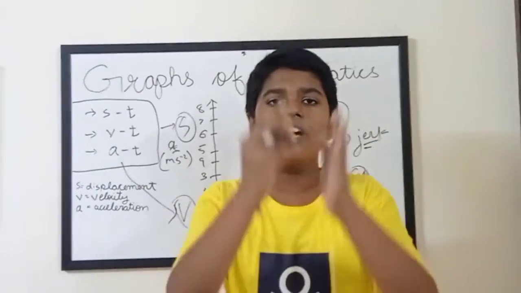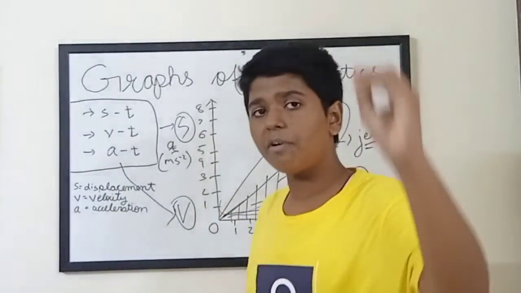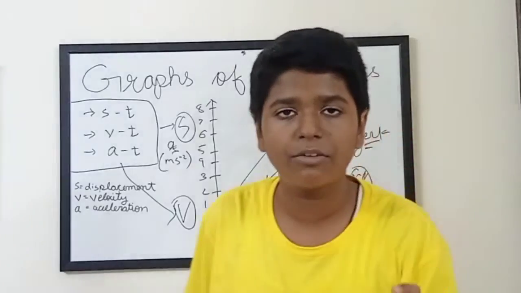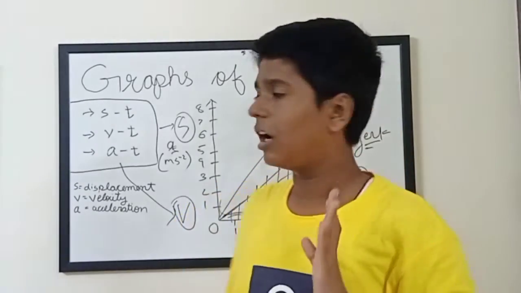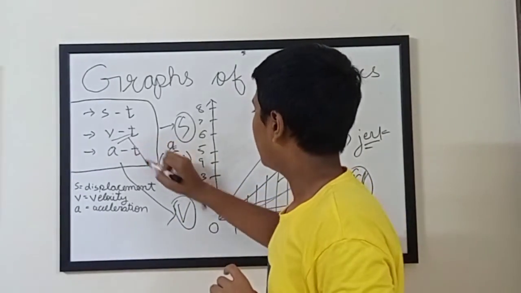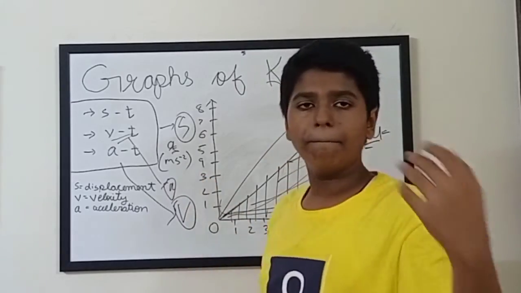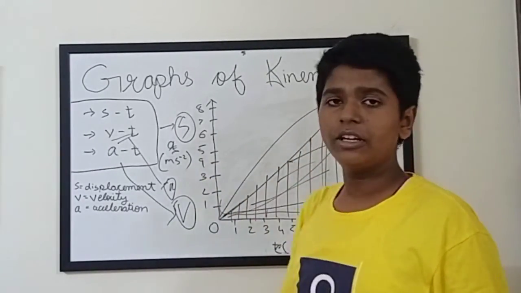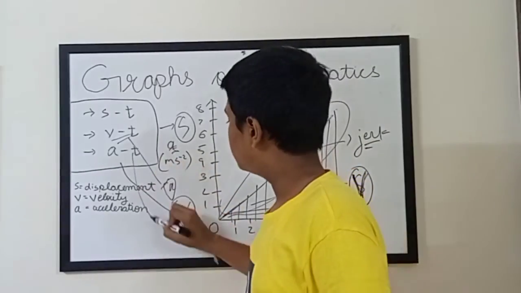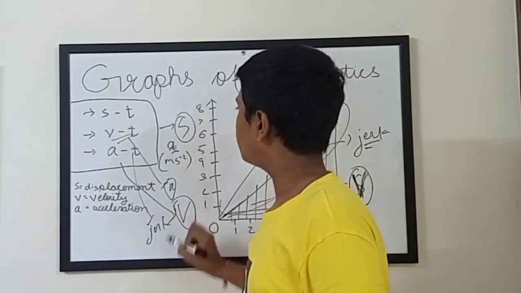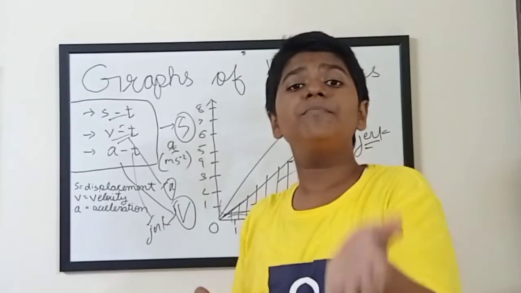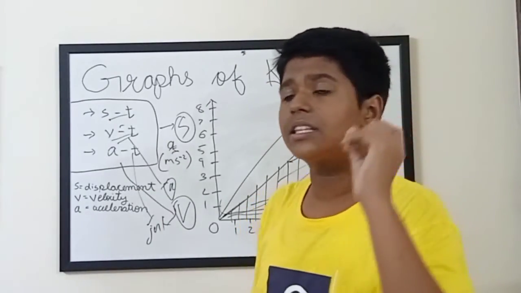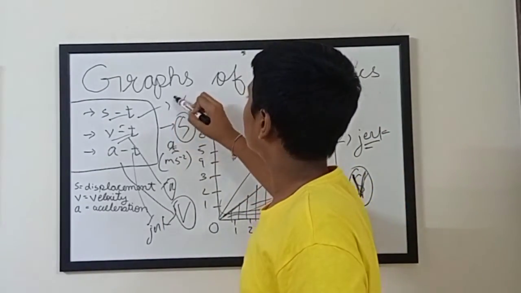Now once again doing a comparison here, the slope of the velocity time graph tells us about acceleration, but the slope of the acceleration time graph tells us about jerk, and in the same way the slope of the displacement time graph tells us about velocity.